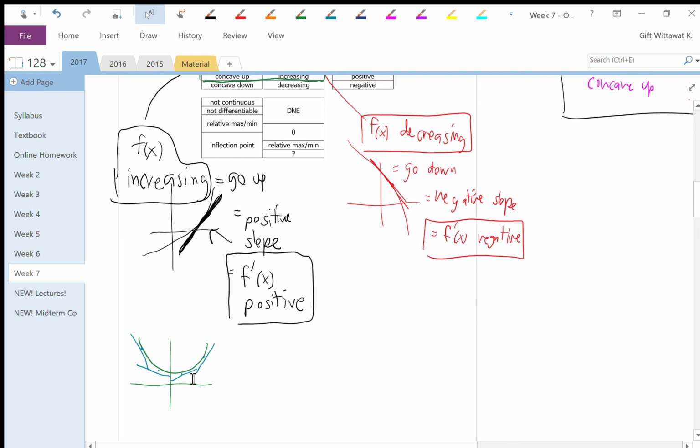And then my graph suddenly has a positive slope, and a higher positive slope. So whenever my graph is concave up, the slope of the tangent line is going to increase as x increases. So if my graph is concave up, that will imply that my derivative is going to be increasing.